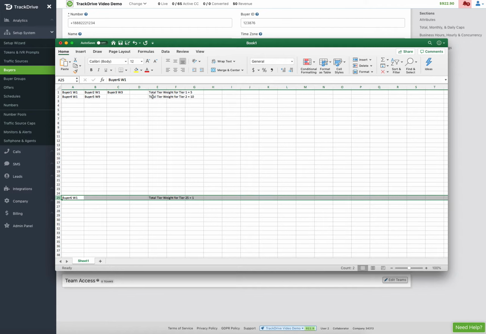Okay, how does the weight then work? Well, you can see here that on this first tier I have buyer 1 with a weight of 1, buyer 2 has a weight of 1, and buyer 3 has a weight of 3. That gives tier 1 a total weight of 5.